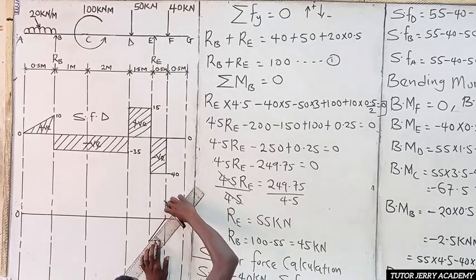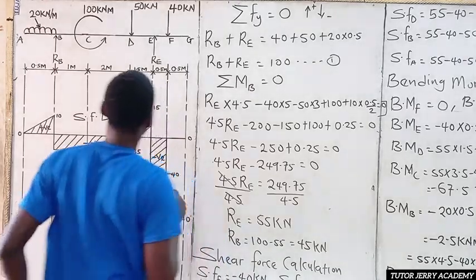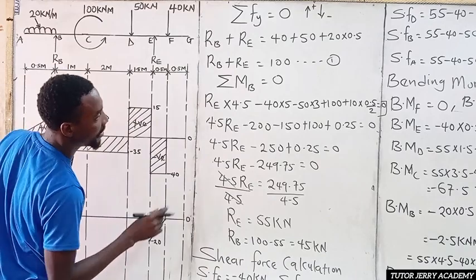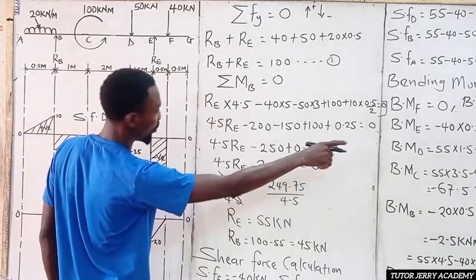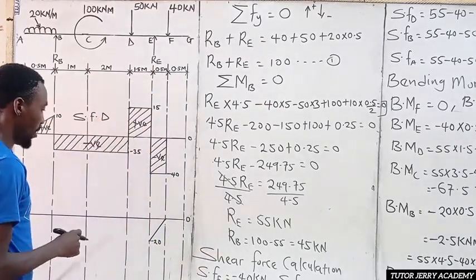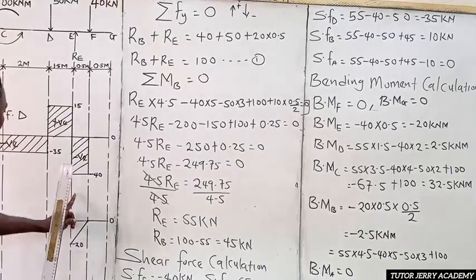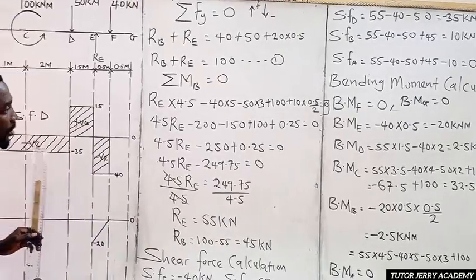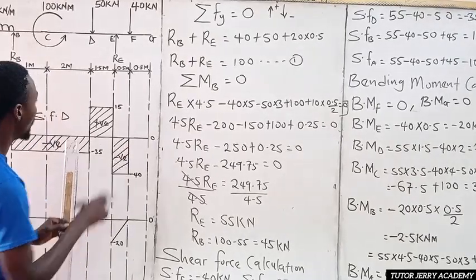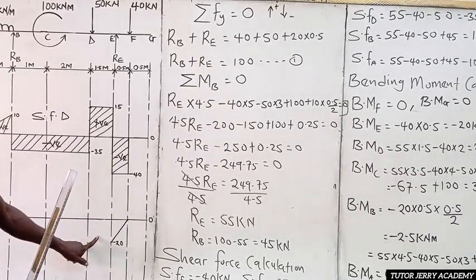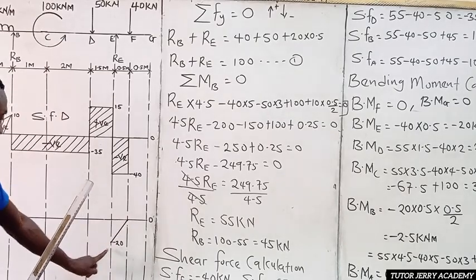All right. So if you look at point D, the bending moment at point D is what? 2.5. So it means we are going to go up 2.5 from this point. The bending moment at point E is 20, so we'll come down here.